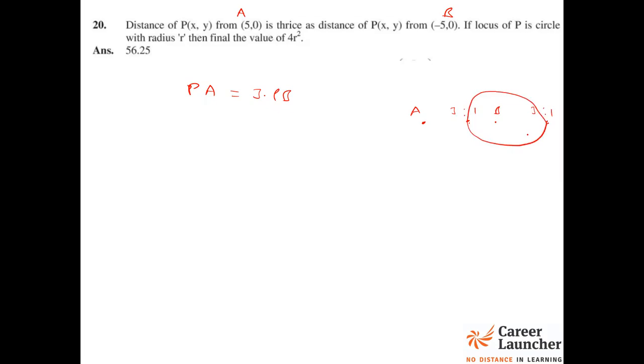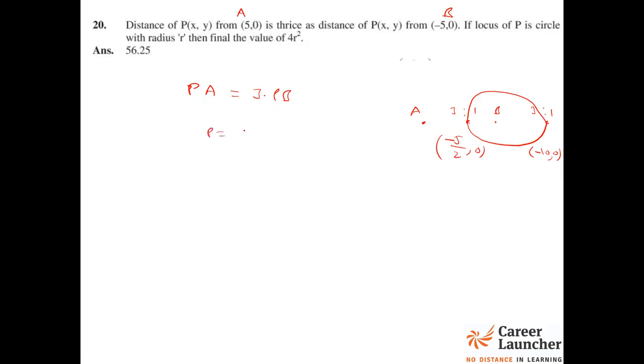If you find the points dividing internally and externally, the point which divides internally will be minus 5/2 comma 0, and the point which divides externally will be minus 10 comma 0.